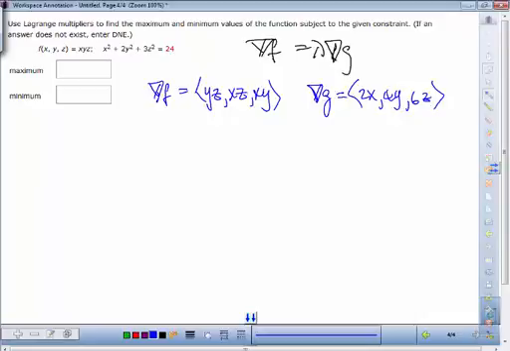And then we write our equations. yz is equal to lambda times 2x. xz is equal to lambda times 4y. And xy is equal to lambda times 6z.